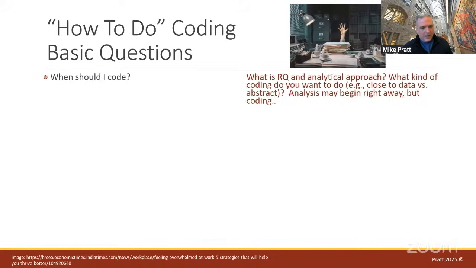So I tend to start much closer to the data, understanding their worldview. We call them informants in ethnography because they inform what you're talking about. I want to understand that first, so I code early on in that way and don't move to more abstract coding until later in the process.